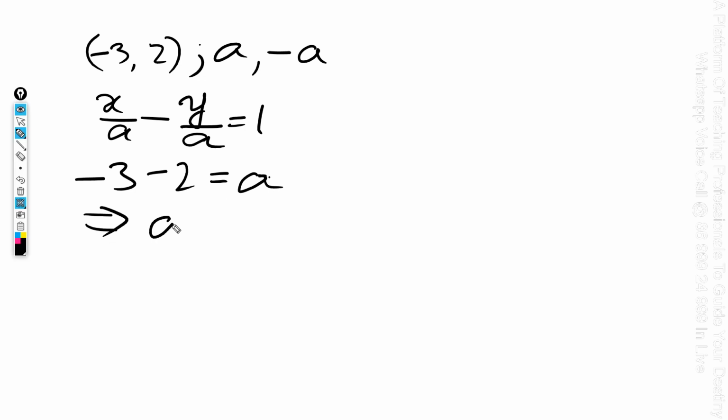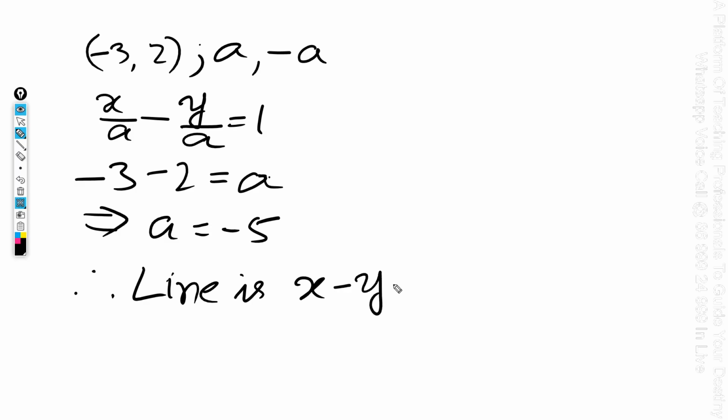Implies a is equal to -5. Therefore, line equation: x minus y is equal to -5, or x minus y plus 5 equal to 0.